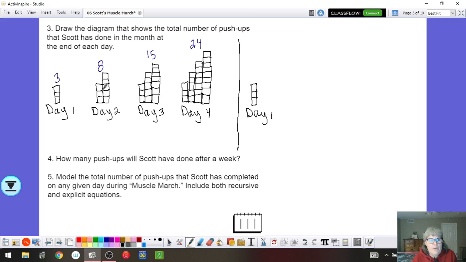But if we think about day 2, we could take this square that's on the top, cut it off, and move it down. So we'd have 2 by 4. And a 2 by 4 is also a total of 8.